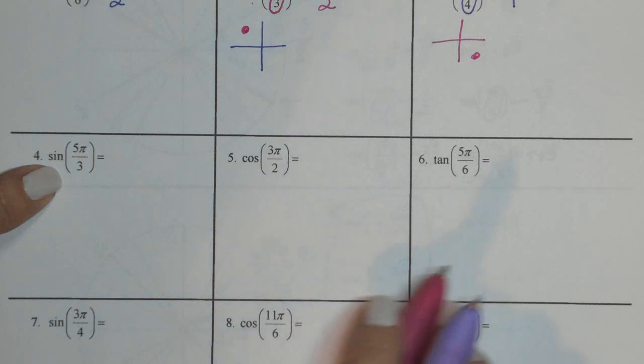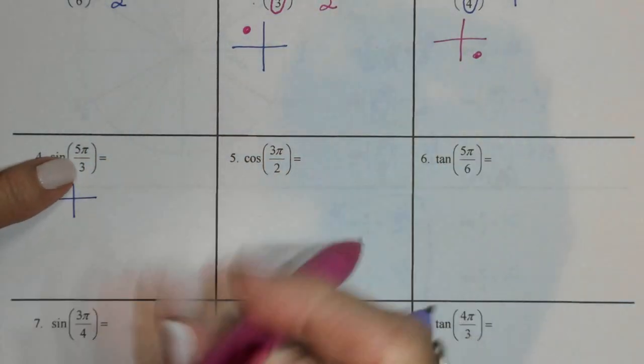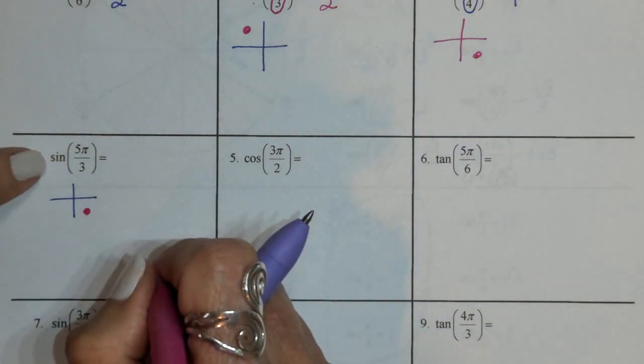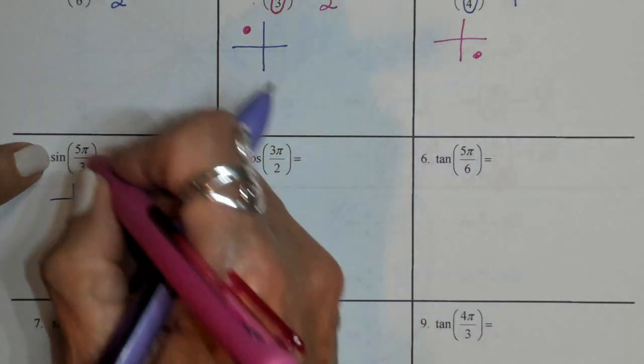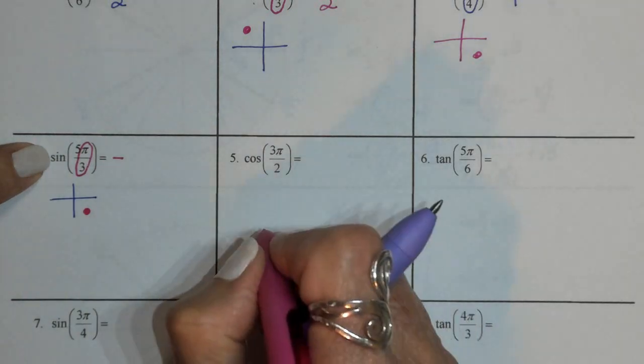Sine of 5 pi over 3. Well, what quadrant? 5 pi over 3 is almost to 6 pi over 3. We're in quadrant 4, where sine is negative. And now, what's the reference angle? The reference angle is pi over 3.